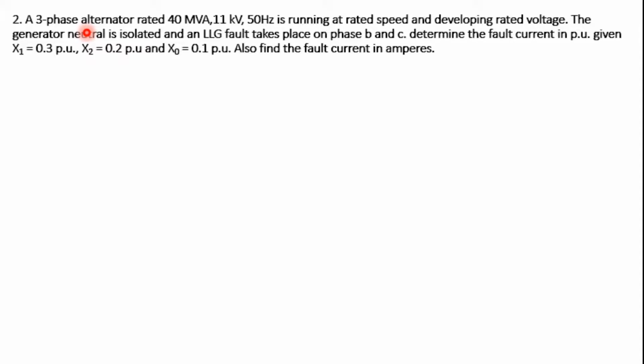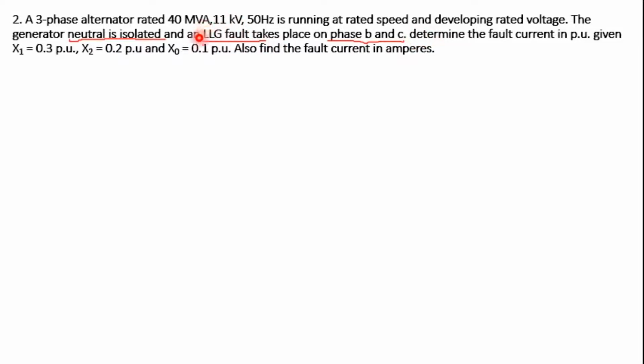Let us consider the next one. A 3-phase alternator rated 40 MVA, 11 kV, 50 Hz is running at rated speed and developing rated voltage. The generator neutral is isolated. Note this: the neutral is isolated and a double line to ground fault takes place on phases B and C. What kind of fault is it?